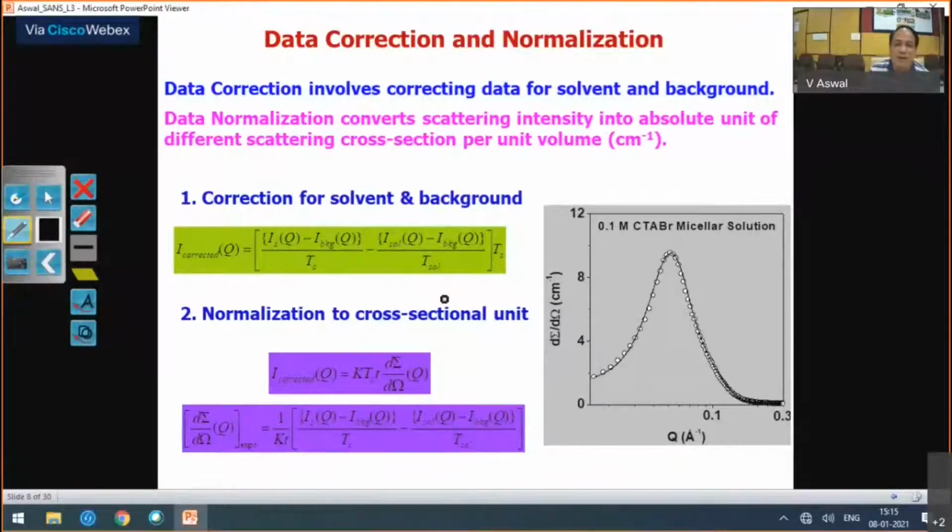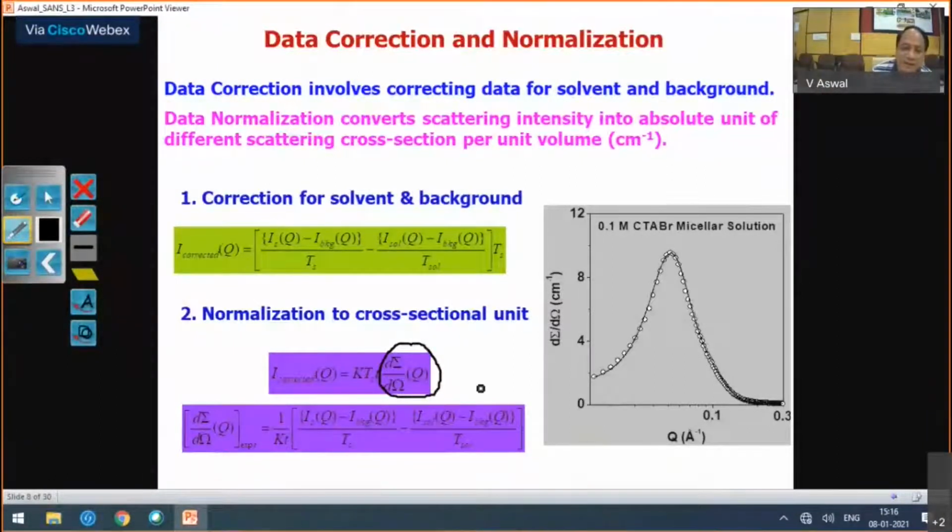Then another important thing is that the scattering intensity you correct should be normalized to the property of the sample. So what is the property of the sample? The property of the sample is this term, the differential scattering cross section per unit volume, which is the property of a sample, so that whenever and wherever you measure, it should be the same.